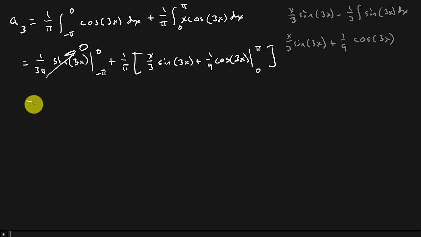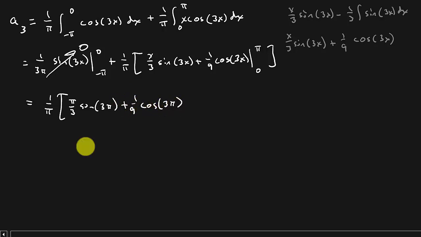Okay, and so this is going to be 1 over pi times, let's plug the pi in, pi over 3 times sine of 3 pi plus 1/9 times cosine 3 pi. I know that looks messy.